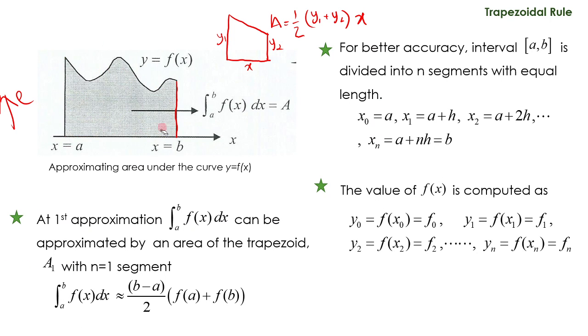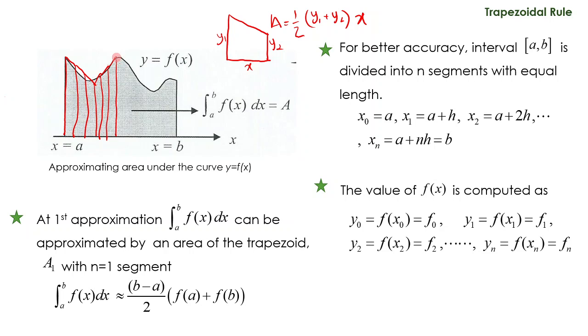For better accuracy, we divide into several segments. For example, say we make 10, so we will have 10 segments. So this one segment, and then another segment, and another, and another.